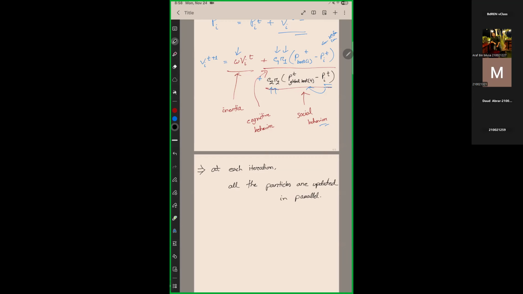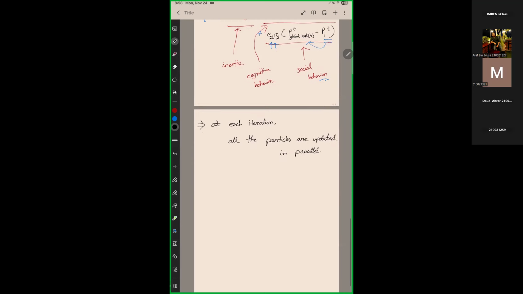Now, their movement is subject to inertia and it is governed by personal best and global best.